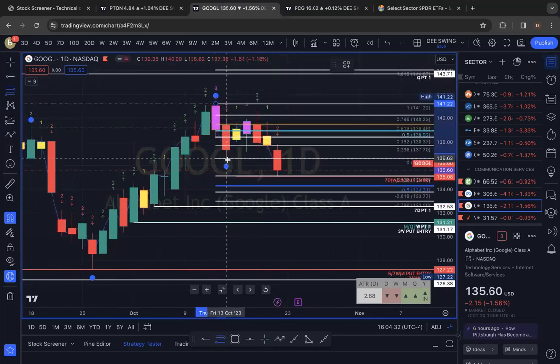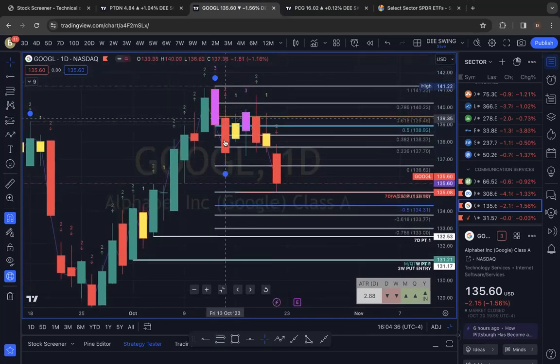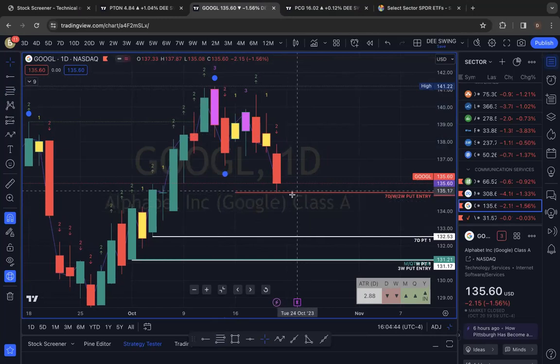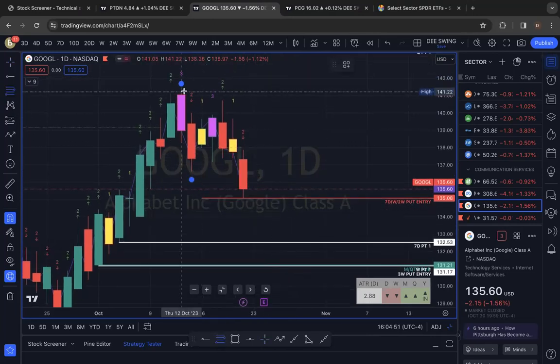So I will pull my fib out right here and see, hey, where did that thing possibly reject from? From this high to this low. Where did it reject from? If it starts trending down and it starts giving me a reversal candle right here, such as a hammer or a swing low right here, then I would pull my fib out.